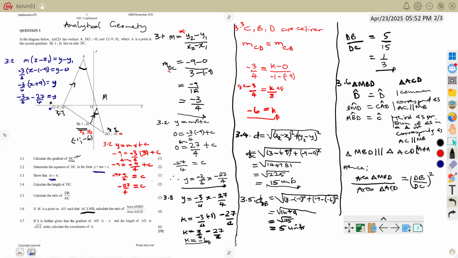As long as we have two similar shapes, to find the ratio of their areas, we just have to square the ratio of their sides. This ratio we have already as 1/3. If it's squared, it's going to give us 1/9. This becomes our ratio.